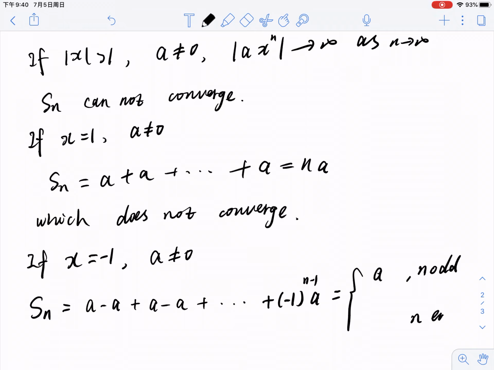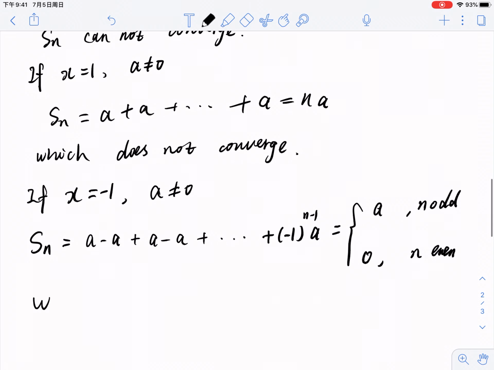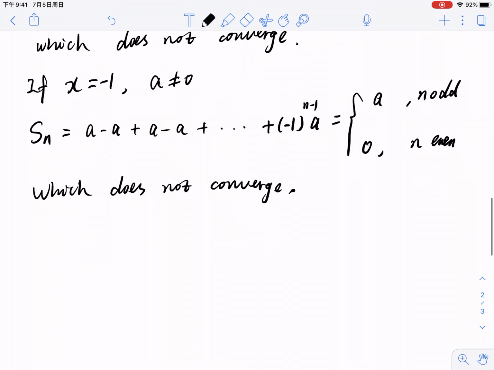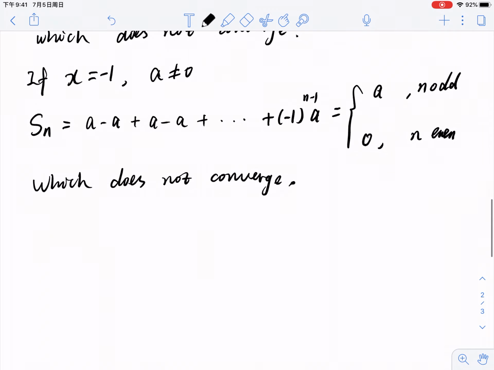If n is even, then the sum is 0. So it also does not converge. So if the absolute value of x is greater than or equal to 1 and a is not 0, then the infinite geometric series diverges.